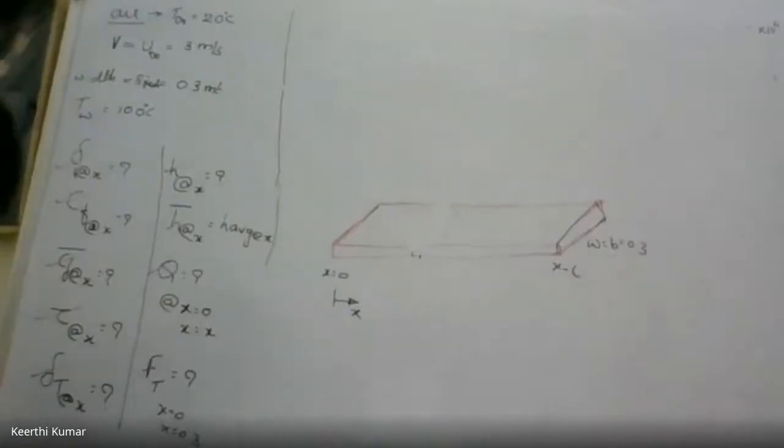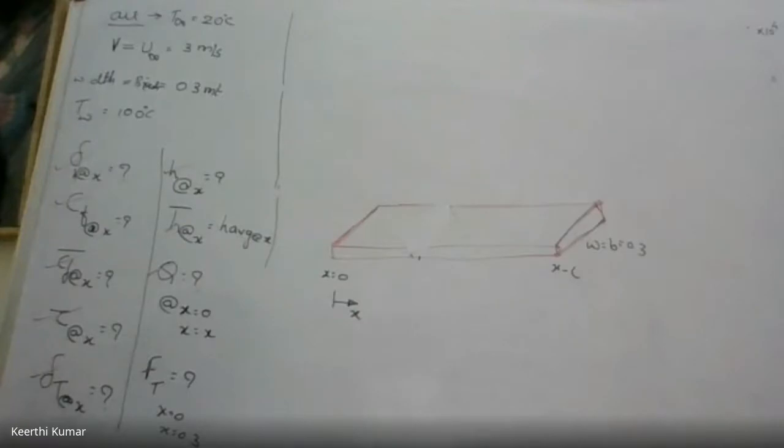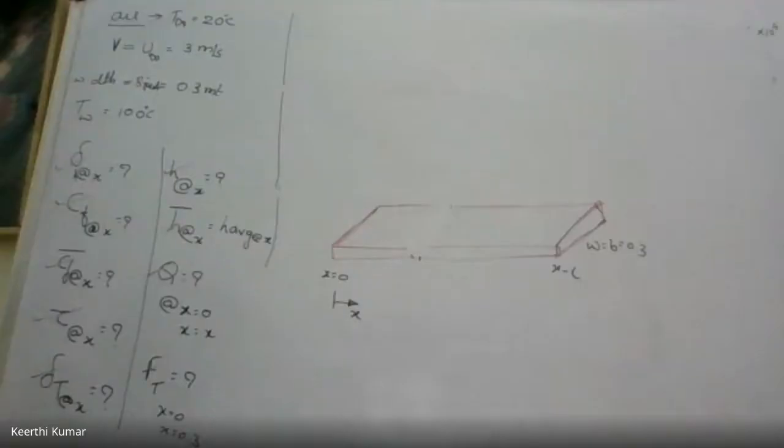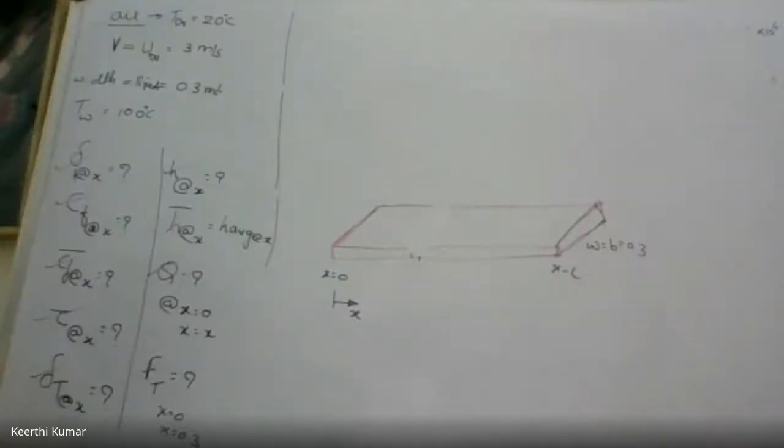Delta hx is given by the formula 5 into x over the Reynolds number root, the hydrodynamic boundary layer, correct? Yes, sir. We have to find delta x, which is given as the hydrodynamic boundary layer always. He won't ask you to find out the displacement thickness. He will always ask for the thickness of the boundary layer, meaning the hydrodynamic boundary layer only, not the displacement thickness.